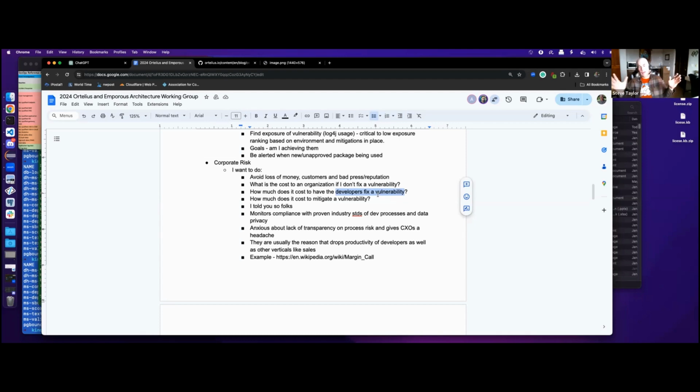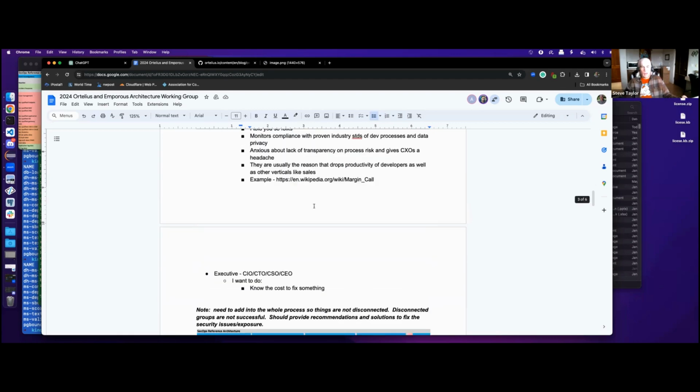Maybe $1,000 would be what's needed to put Mend, Renovate, or Dependabot in place to automatically bump that. So that'd be a low cost that we can associate with that type of thing.